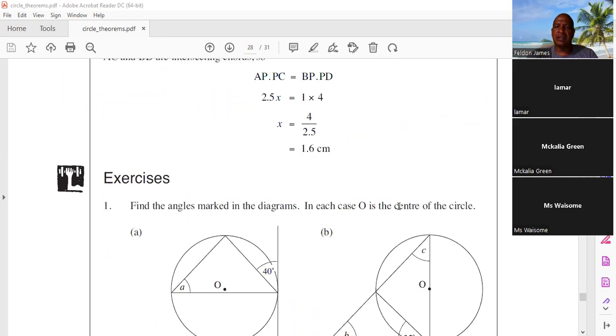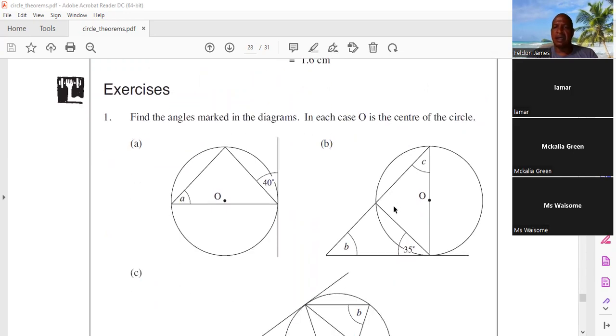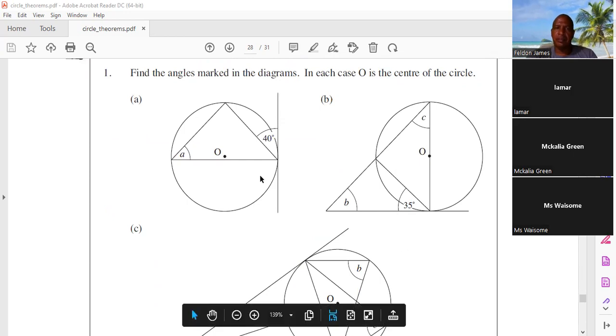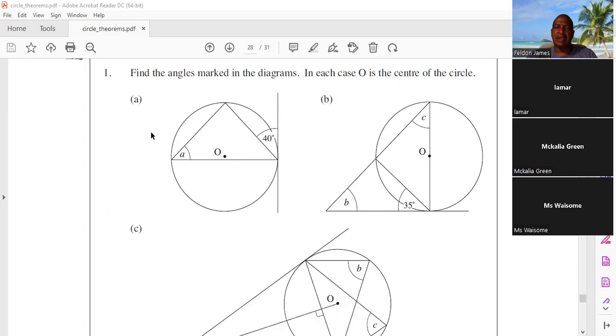All right, let's move on to something else. This should be straightforward. Question A, would you be able to answer what the value of this angle A is? Anybody? Anybody?